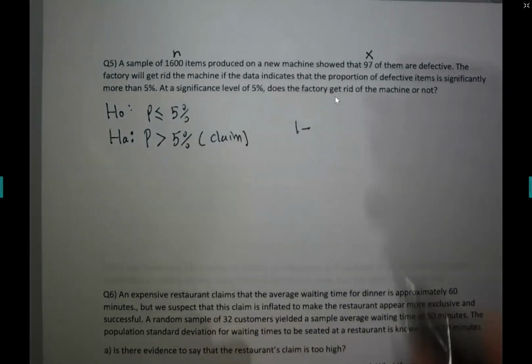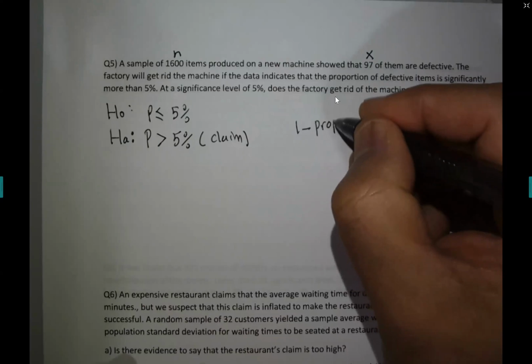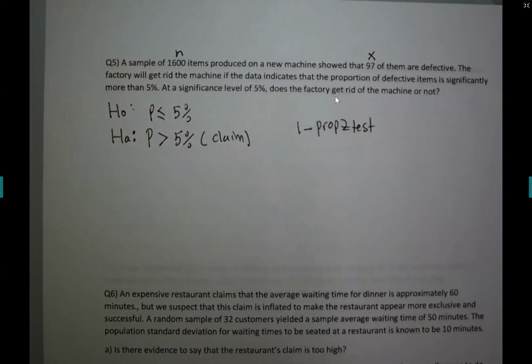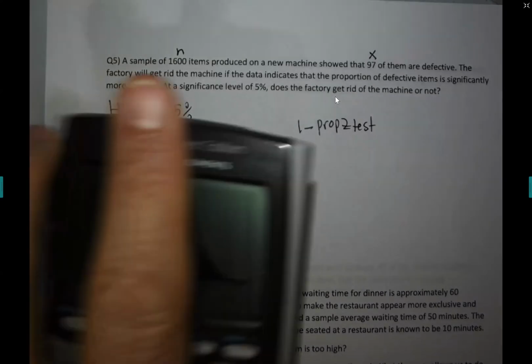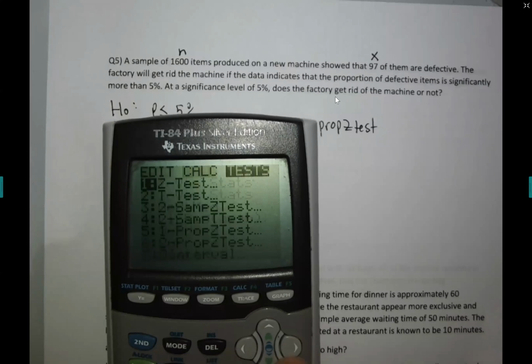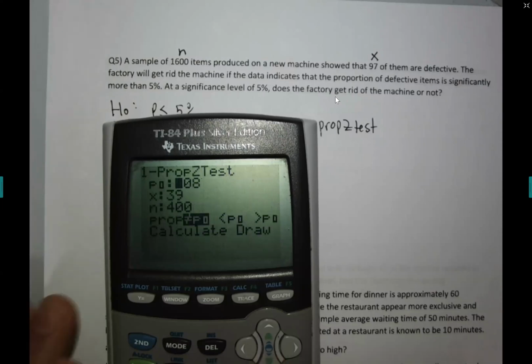So we've done quite a bit on a proportion, guys. All right. Let's quickly do this. Stat, tests. I haven't done any z-test yet, so I want to find one with z-test. All right.